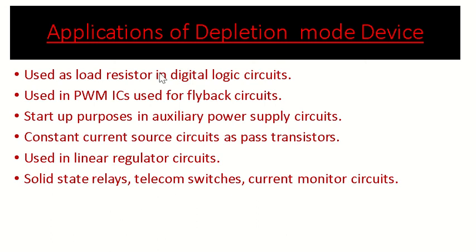applications of depletion mode device. Enhancement mode means usually it can be a MOSFET, because MOSFET can be operated in enhancement mode as well as in depletion mode. But in depletion mode, only JFET can be operated, that is junction field effect transistor.